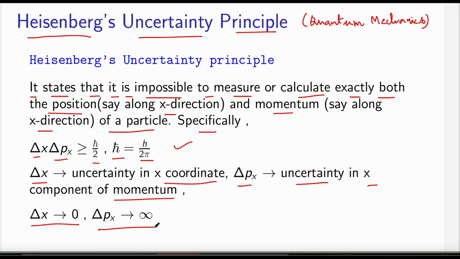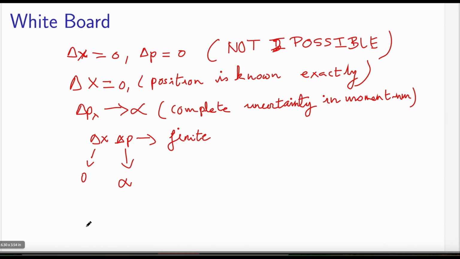So if we know the position exactly, then the uncertainty in momentum will be infinite, and vice versa. That is, if we say that delta p tends to 0, that is, we know the momentum of the particle exactly, then we have to sacrifice the knowledge about its position.